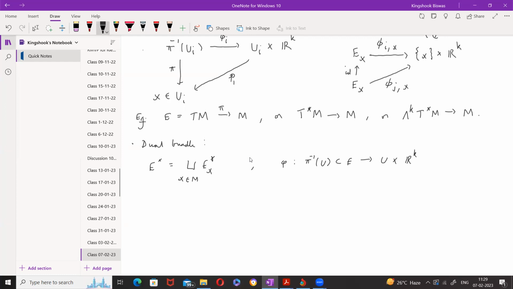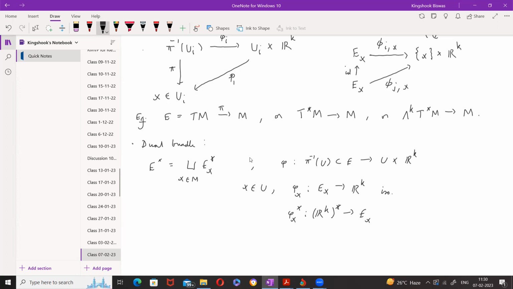So for each point X in U, I have a linear isomorphism phi X from EX to RK. So if I take duals, then phi X star will be an isomorphism from RK star to EX star.